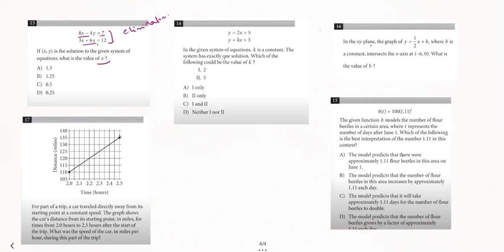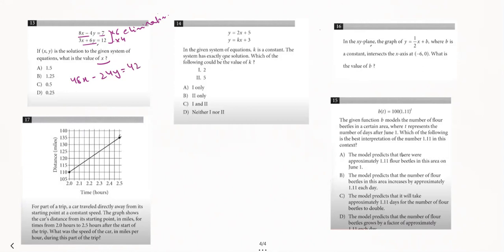So this whole equation should be multiplied by 4, and this whole equation multiplied by 6. If I multiply this equation by 6, 48x minus 24y is equivalent to 7 times 6, which is 42.